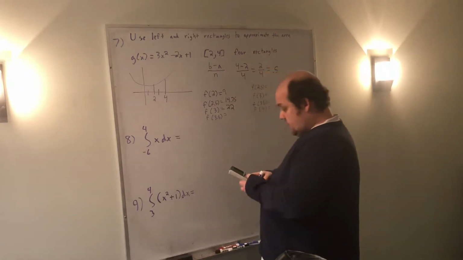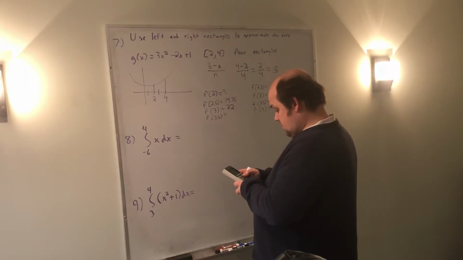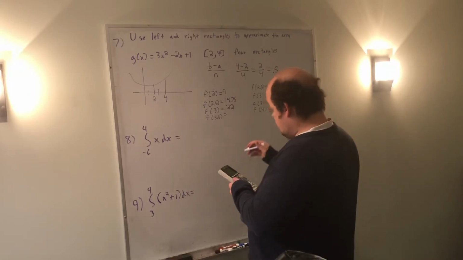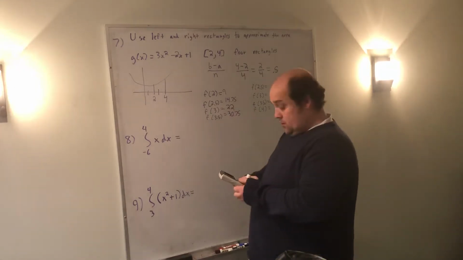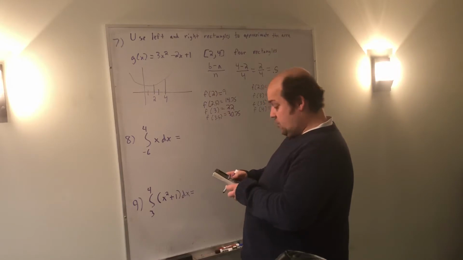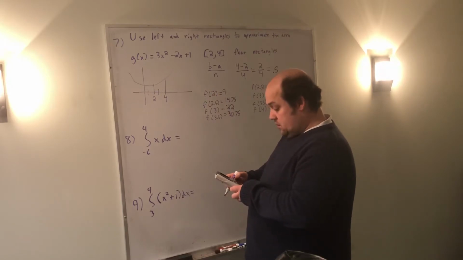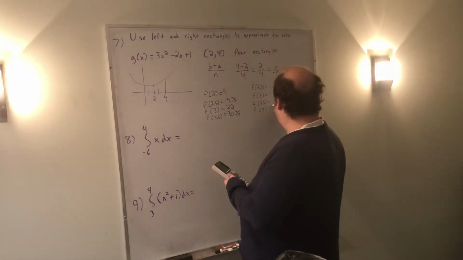And finally, if I do it for 3.5, that gives me 30.75. Last one I'm going to do is just put in 4, because everything else is going to be a repeat when I go to do my right-sided rectangles. So when I put this in as 4, that gives me 41.